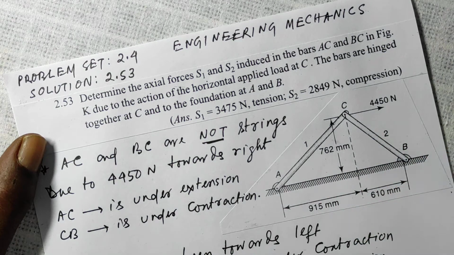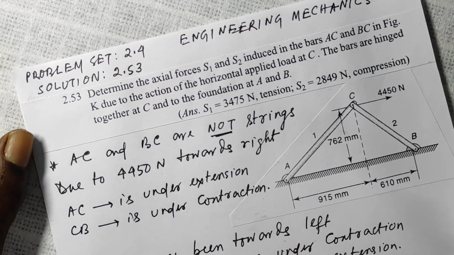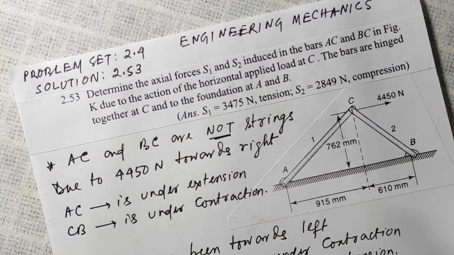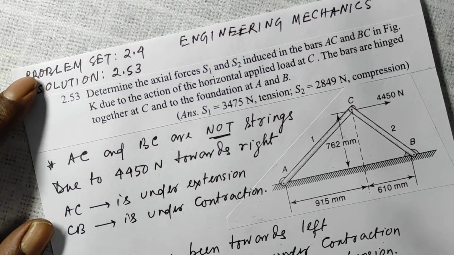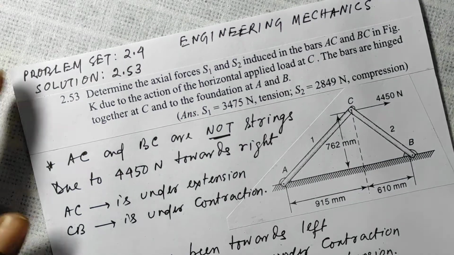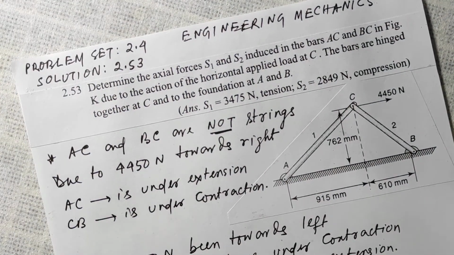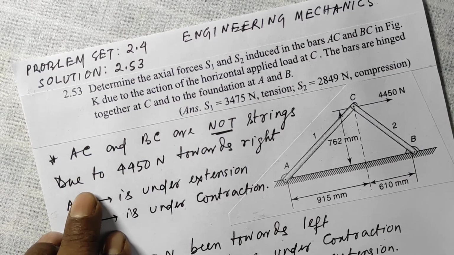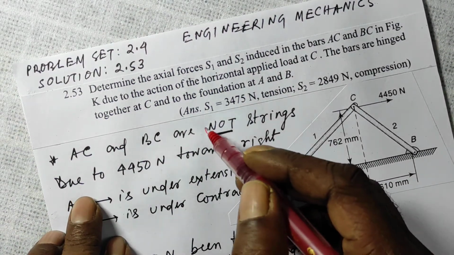Remember, these are two bars, not two strings. So why do I say so? So that will help you to properly implement the direction of the axial forces. Now, AC and BC are not strings. I repeat, they are not strings.